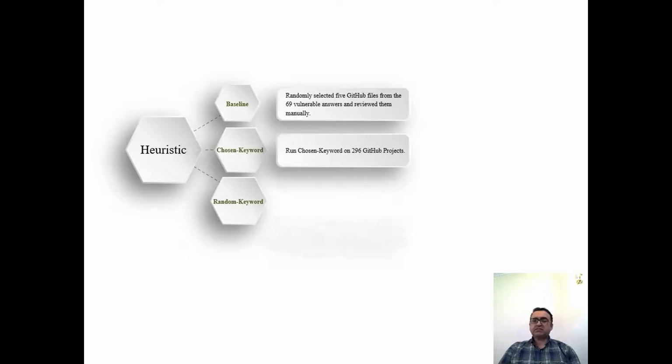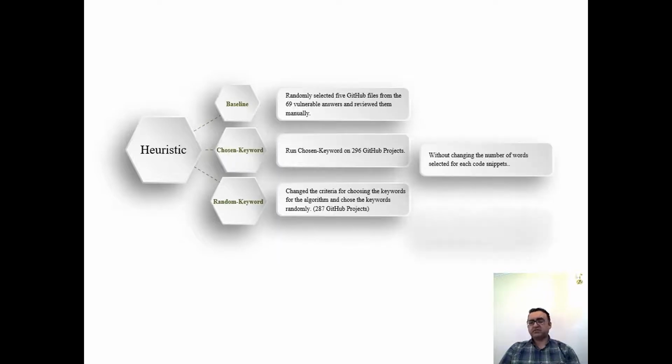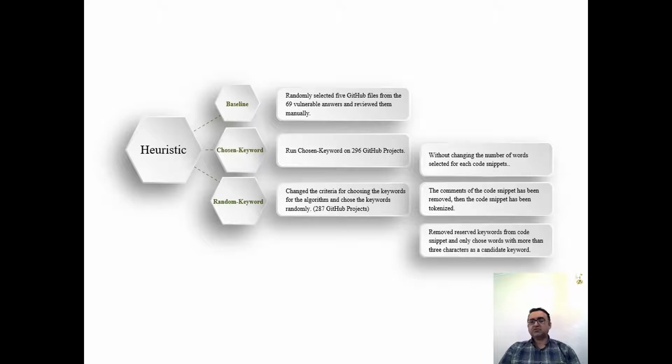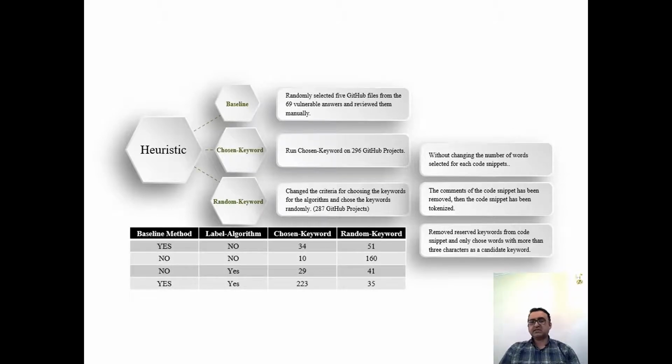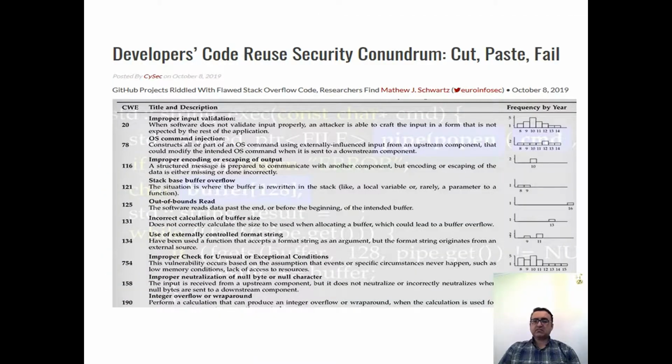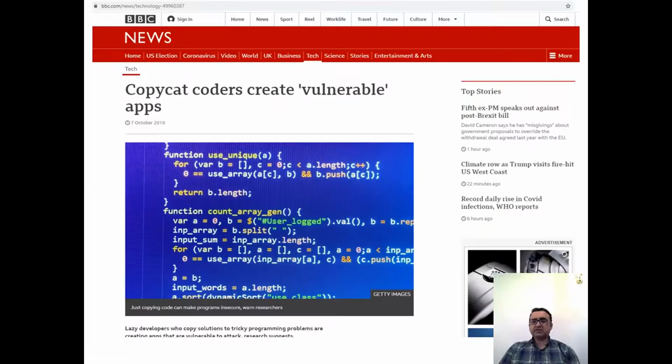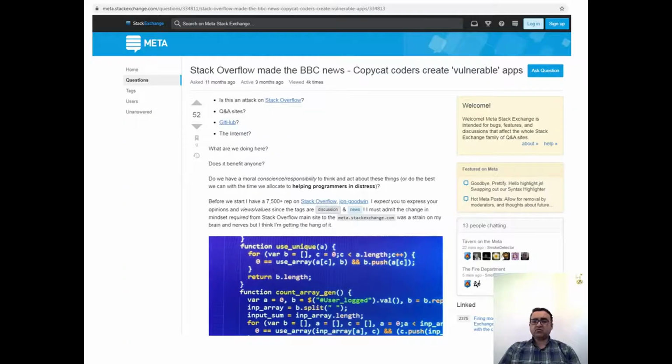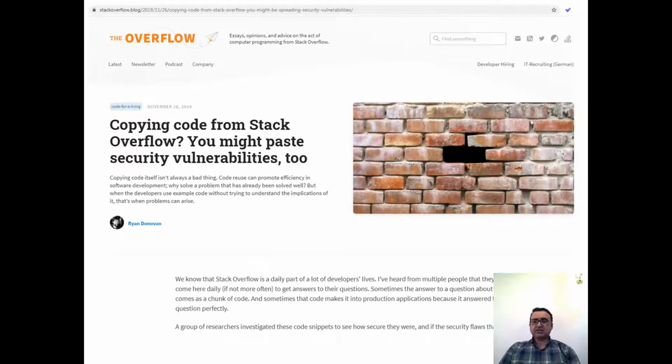And to check our heuristic, we also compared our chosen keywords with random keywords, and we showed that it is statistically significant compared to others. The work is published in TSE and covered by some news agencies like The Register and BBC. Moreover, Meta Stack Exchange talked about it, and the managers of Stack Overflow also had a discussion with us.